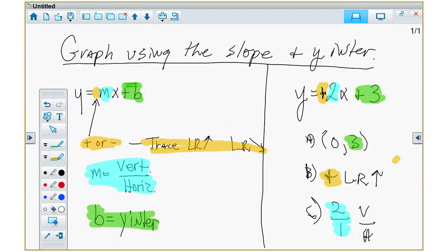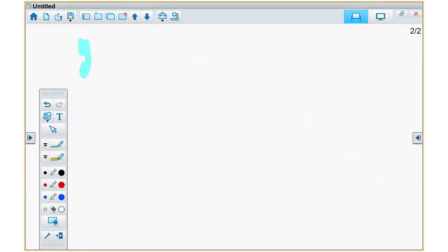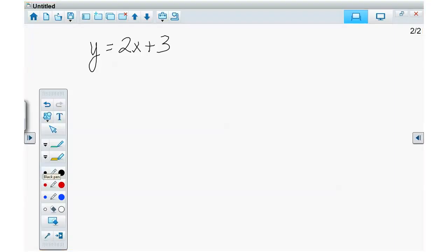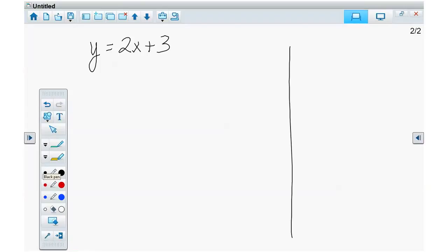Now, what do you do after you get it? Well, after you get it, y is equal to 2x what? Plus 3? Yes. Okay, after you get that information, follow along on your book. It says, what do you do first? Plot the what?